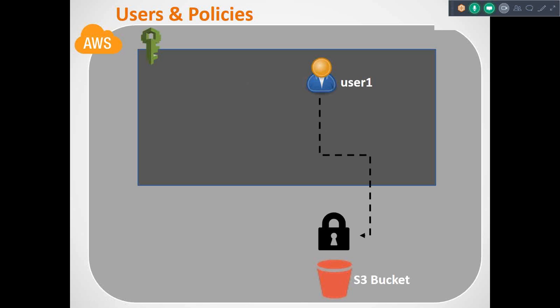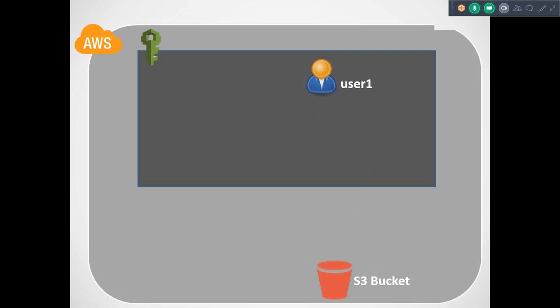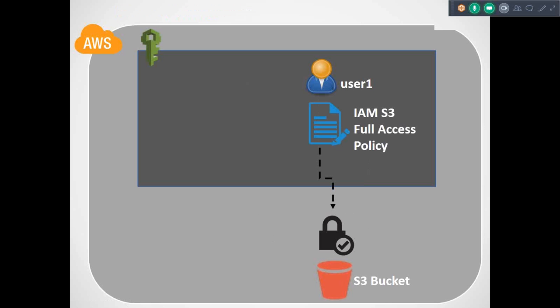So what we can do is specify a policy, and based on the policy he will be able to access. Specific to this service, we have one policy called S3 full access, which will help him work on this complete service.